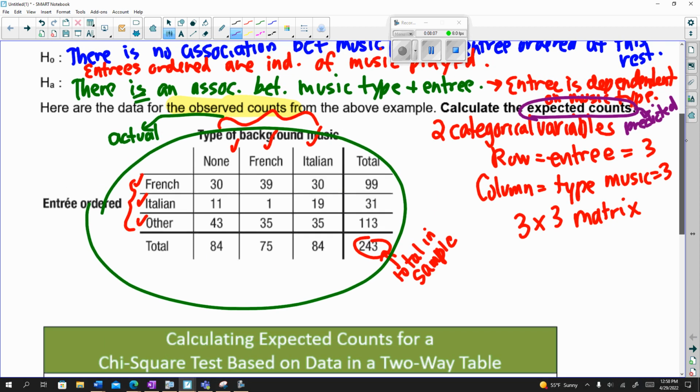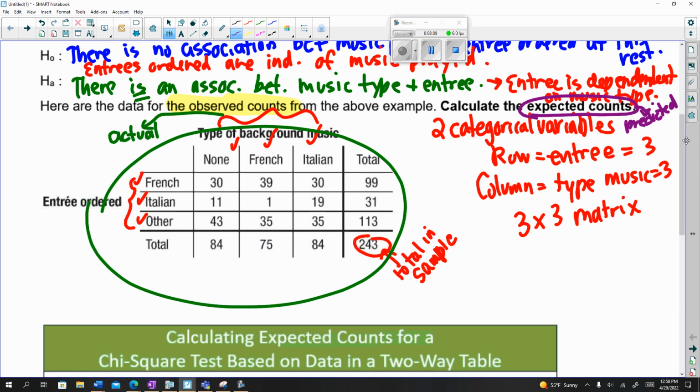So let's say I wanted to do this top left-hand corner, which I'm going to highlight here in the color aqua. This is French and none. If I wanted to do the French and none expected value, I would have to do row total times column total divided by total. I'm going to do it over here in this little box: French intersect none.